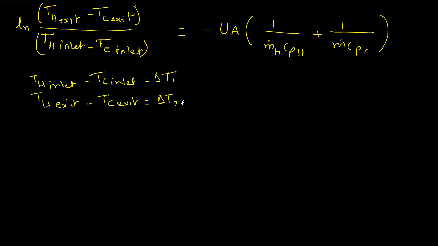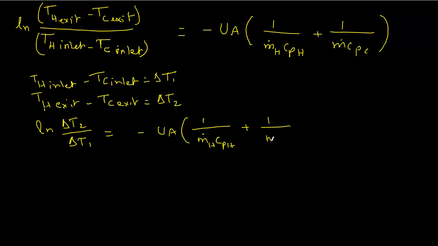Those are the temperature differences for inlet and exit. So we have natural log of delta T2 over delta T1 equals minus UA, and in parentheses 1 over m dot h Cph plus 1 over m dot c Cpc. Now let's look at the right hand side terms.